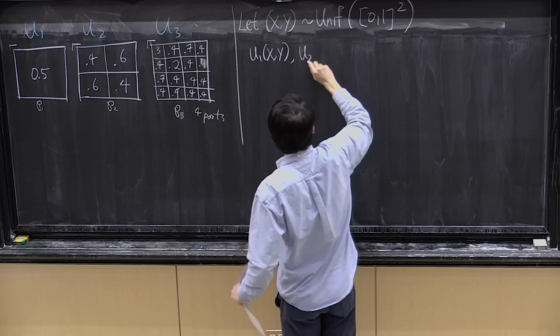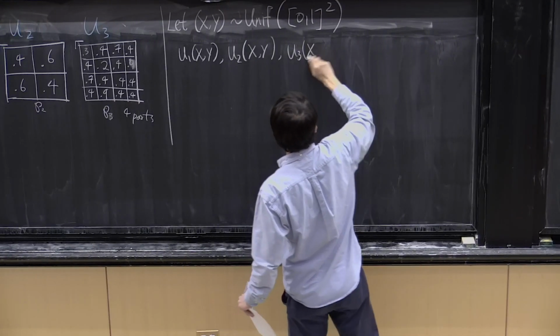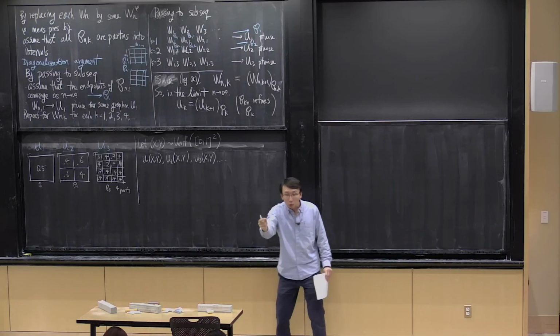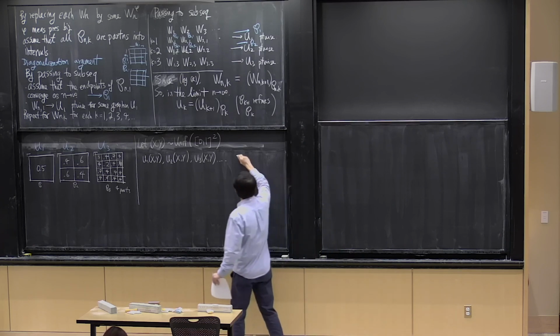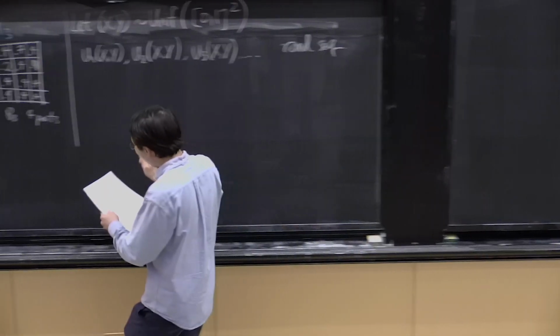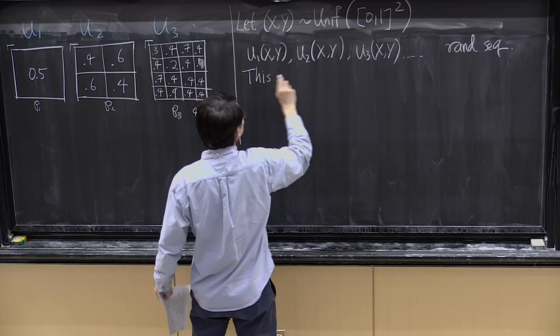This is now a random sequence because x and y are random. I evaluate these U's on this uniform random point (x, y). So this is a random sequence. And the main observation is that this is a martingale.